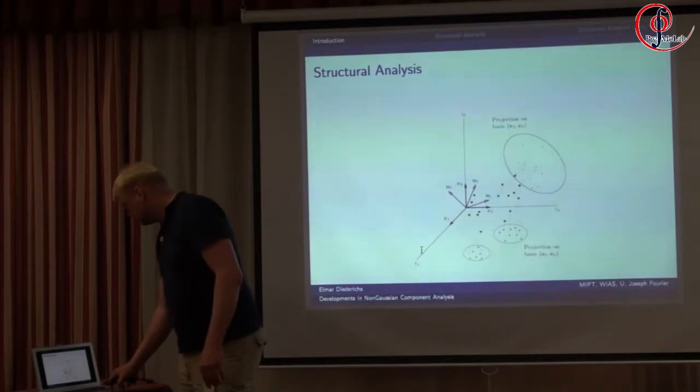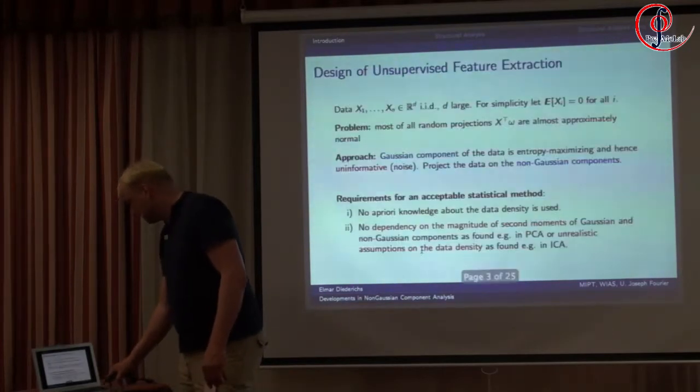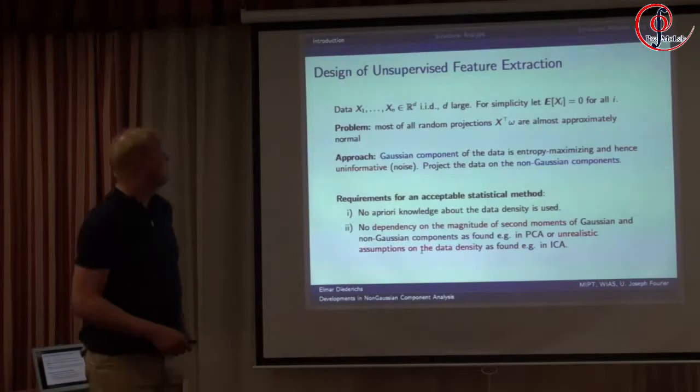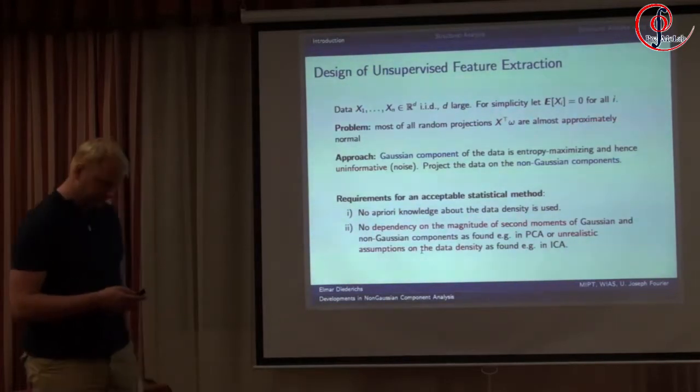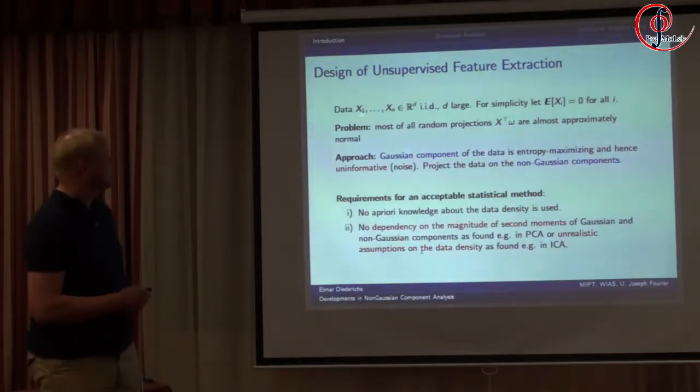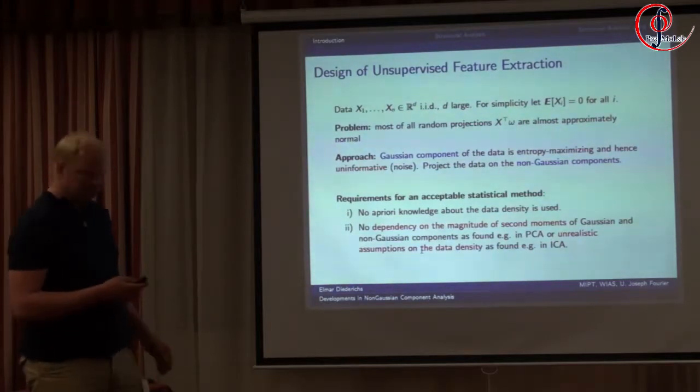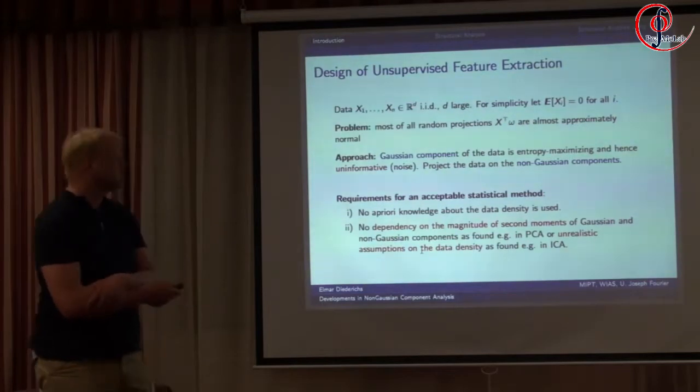To state this more formally, we have the following problem. We have some high-dimensional data in a Euclidean space of dimension d. We consider an IID data sample, and we assume that d is large. For simplicity, all data should be normalized.